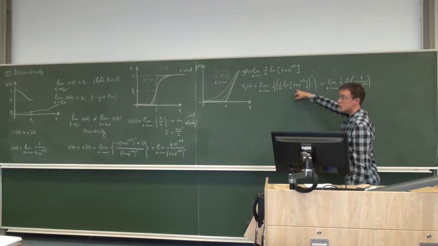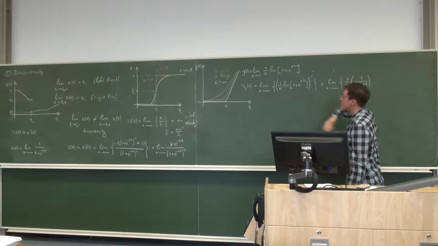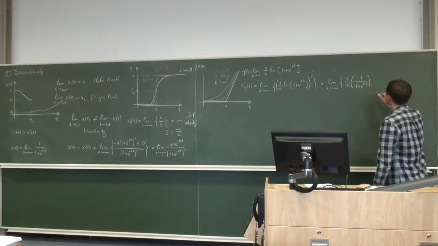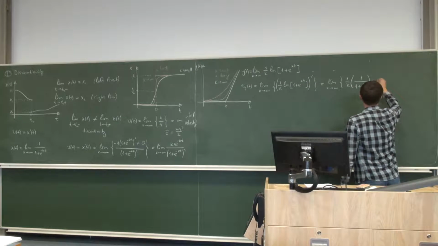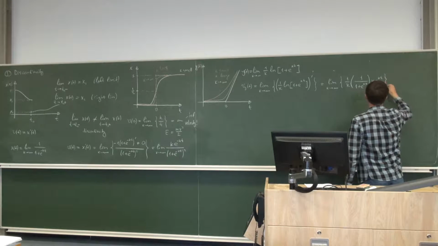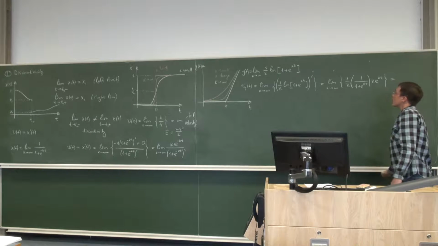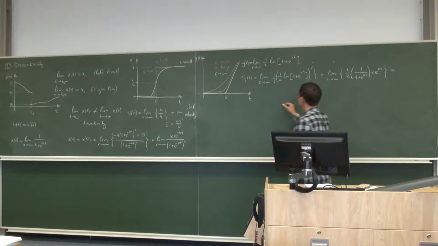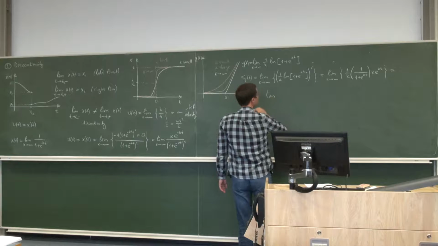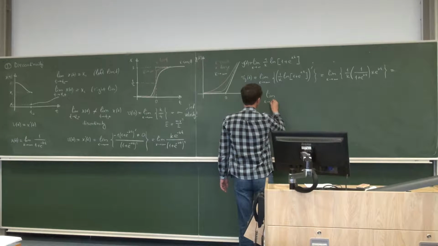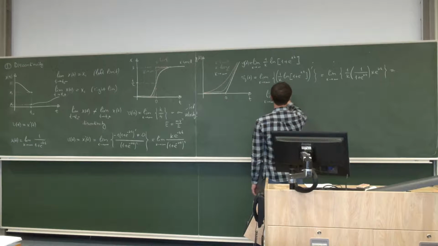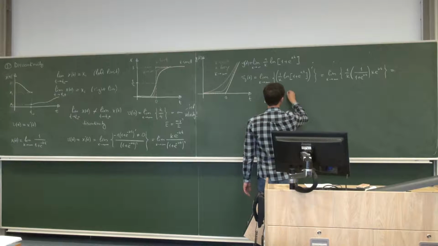One derivative is just 0, e to the kt derivative is k e to the kt. So k e to the kt. As you can see, k cancels. So we are left with the limit k to infinity of e to the kt over 1 plus e to the kt.